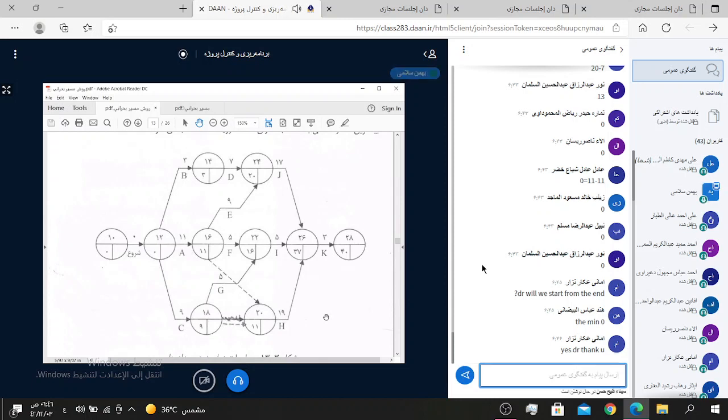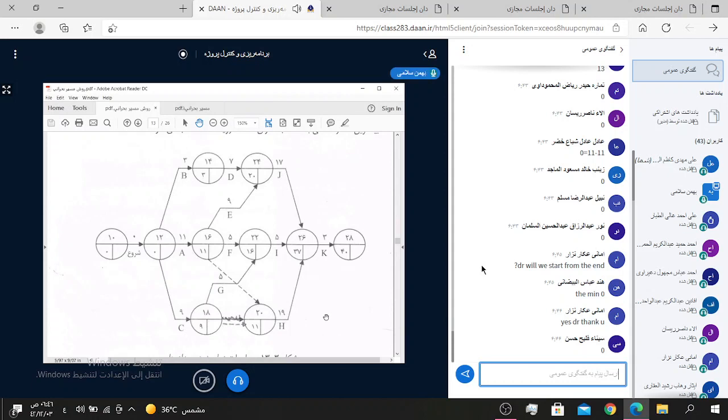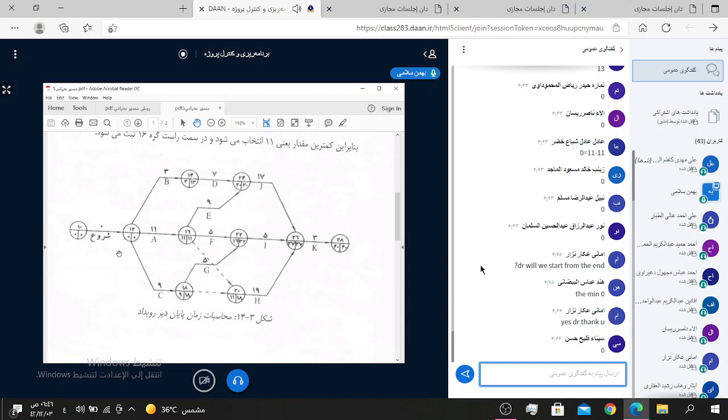After finding the LF, the network is same as this. We can find the ES and LF from all nodes. For all nodes, we can calculate the ES and LF.